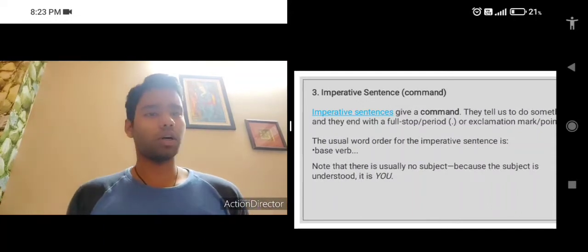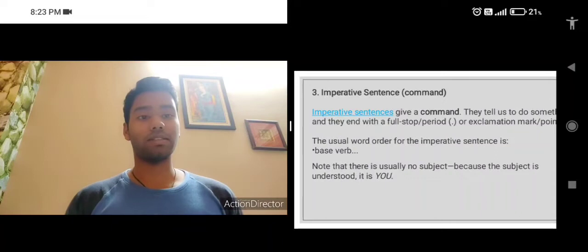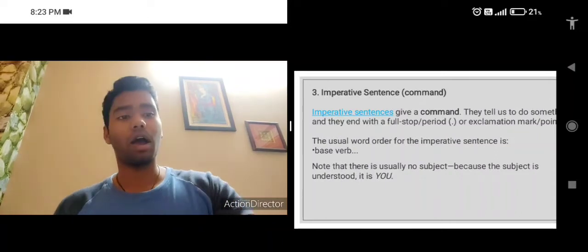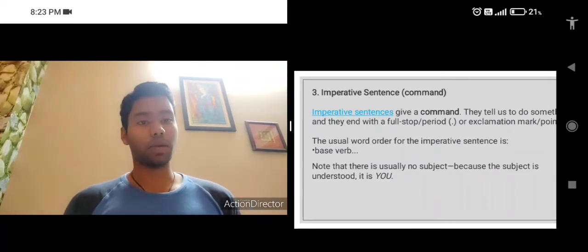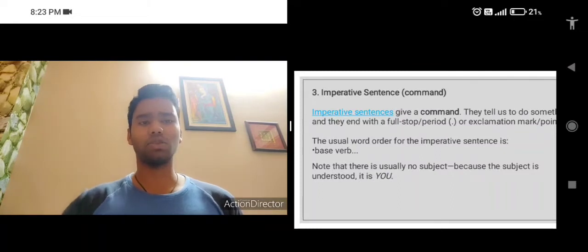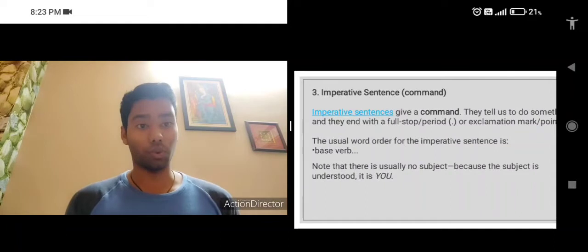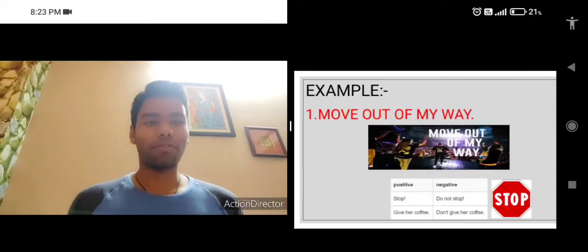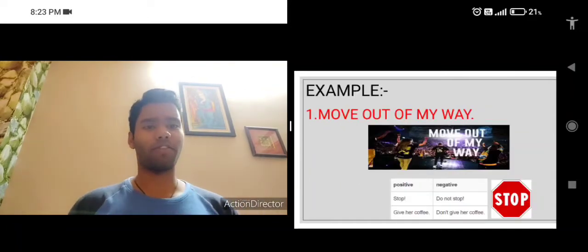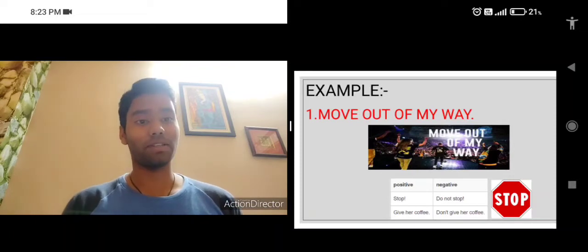The usual word order of these types of sentences is the base verb. Another point that we need to keep in mind is that these types of sentences do not usually have a subject. This is because the subject is understood to be you. Now let's see some examples. Move out of my way. You're commanding the person who's in front of you to move out. So it is an imperative statement.